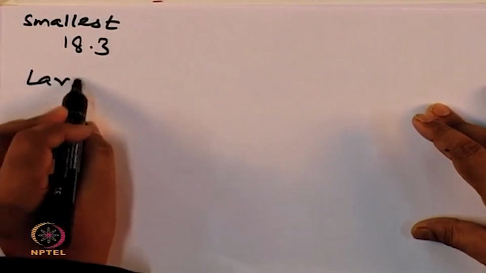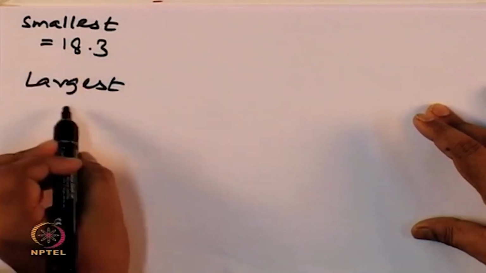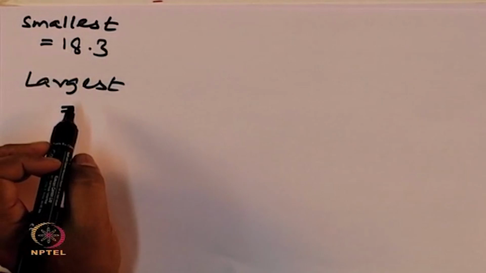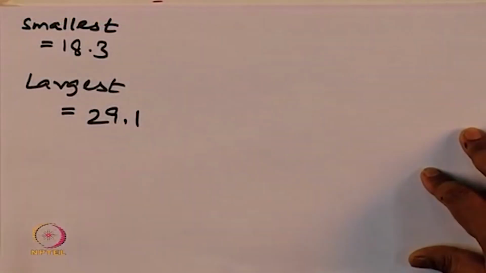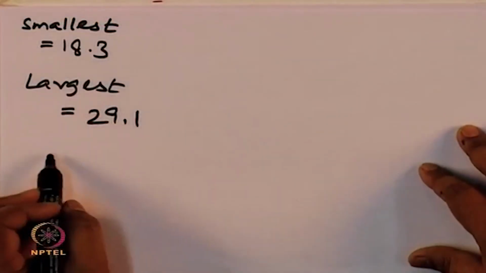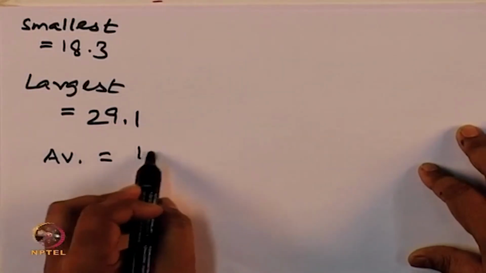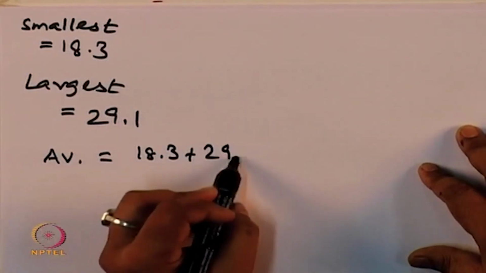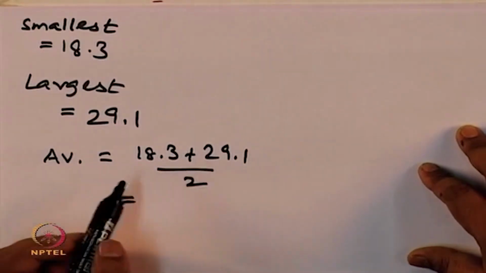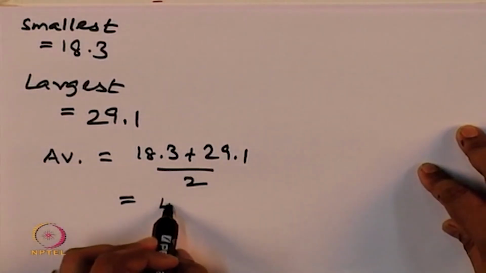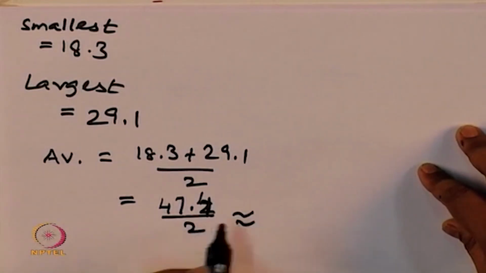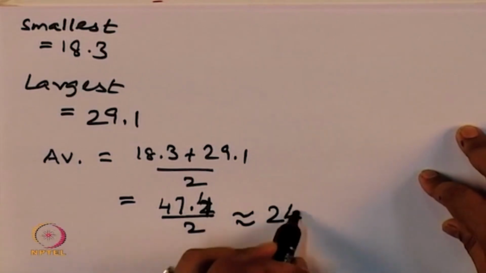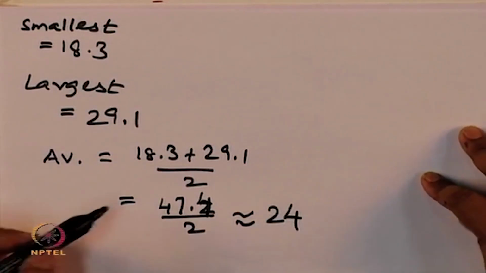The largest number is 29.1. Okay. So, as per this, my average is going to be 18.3 plus 29.1 by 2. So, 29 and 18 is 47, 47.4 by 2 is roughly equal to 48. So, it is 24. So, your average is roughly 24.